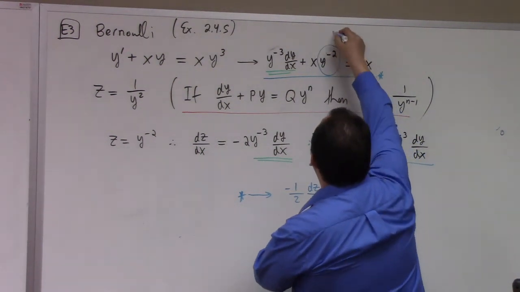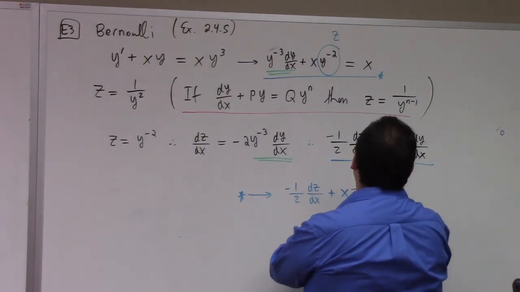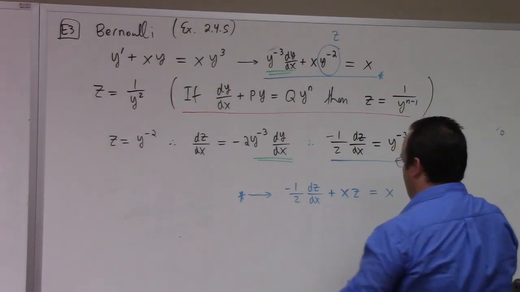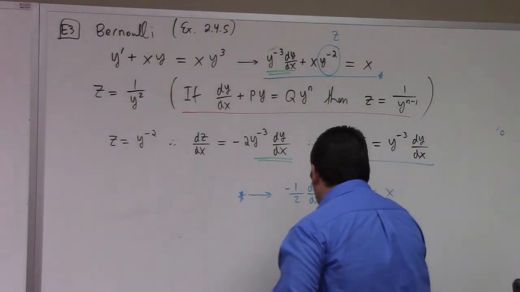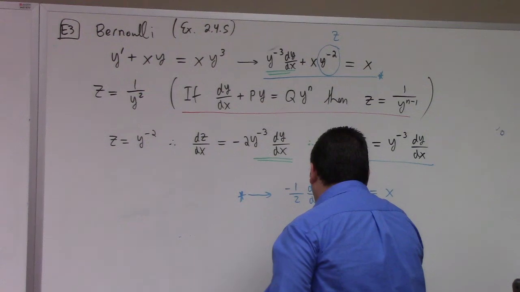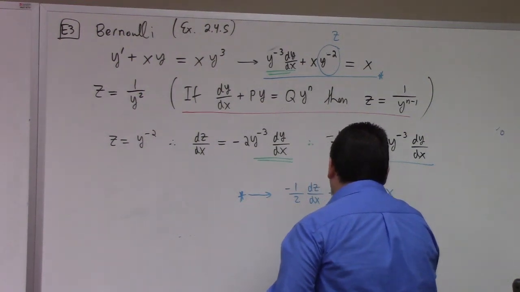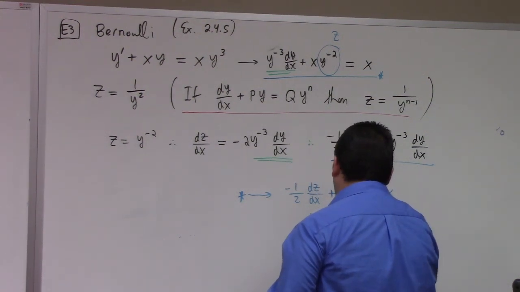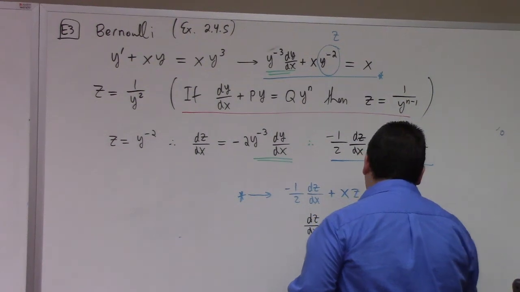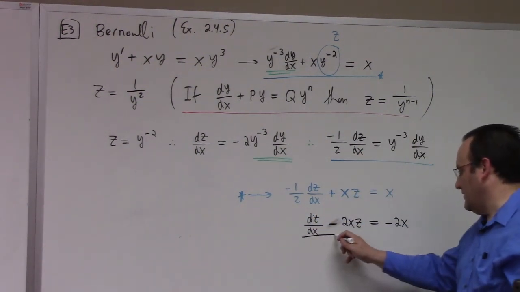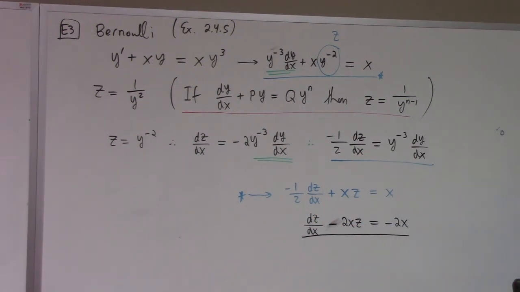That's the thing. Equal to x. Now that is pretty awesome, because let me rewrite it one more step here: dz/dx minus 2xz is equal to minus 2x. At this point, we're back to yesterday. Who says you can't travel in time? There you go, the whole day back.